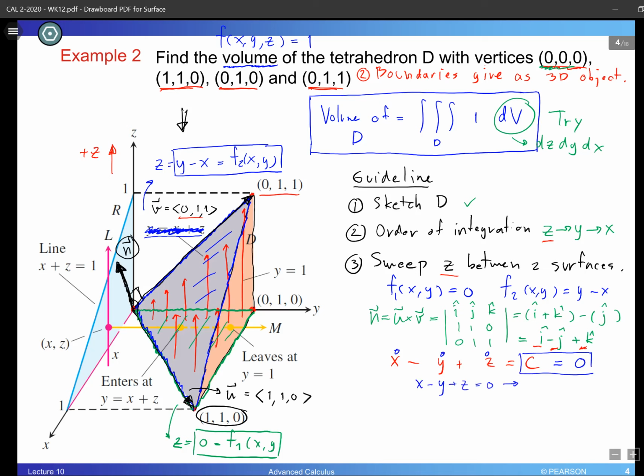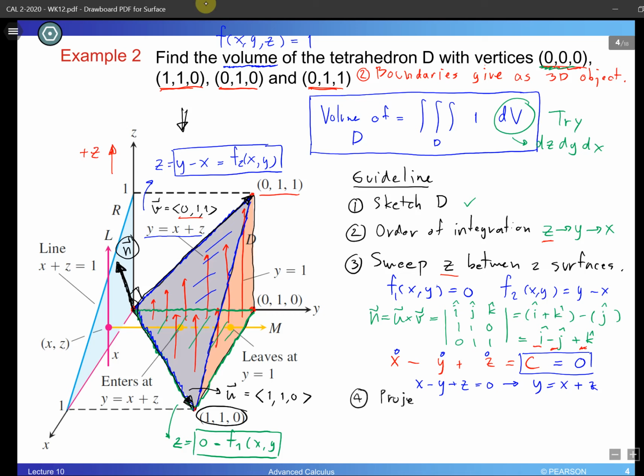Or you can express this as y equal to x plus z, which is going to be the same as this that we just erased. So if you don't have that given to you, that's fine. You can find that yourself. So that is 3.